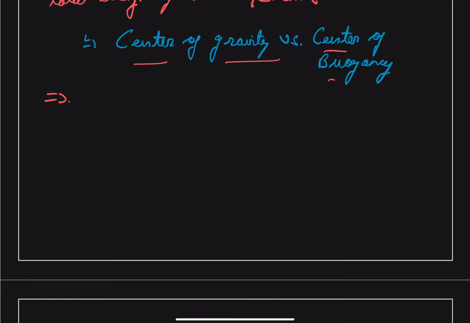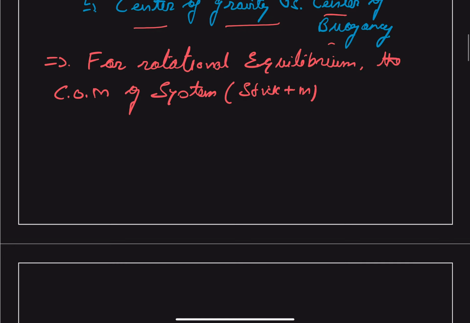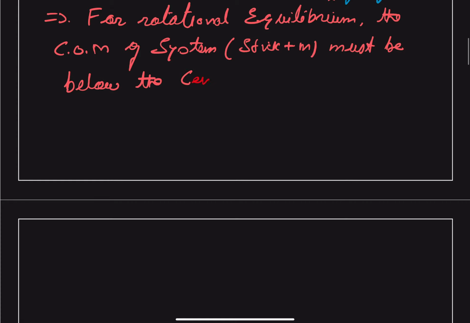So for rotational equilibrium, the center of mass, that is our COM, of the system, and here system means stick plus mass m, must be below the center of buoyancy. And we can write this as COB.